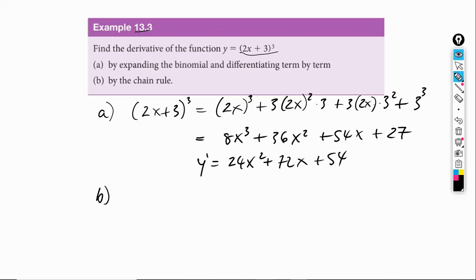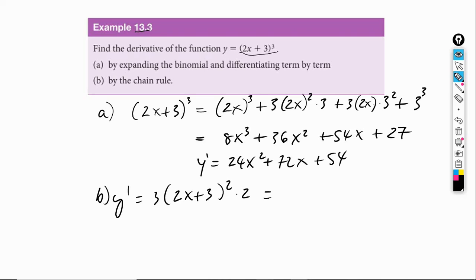Okay, so let's just start directly with the chain rule. So if we apply the chain rule, it's going to equal 3 times (2x plus 3) squared times the derivative of the inside, and that's just going to be 2.